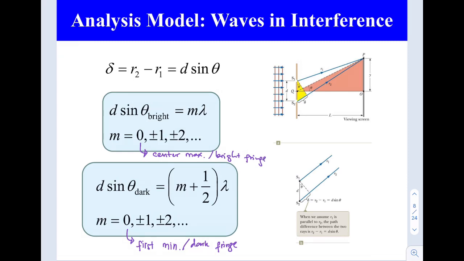So for this one, this is going to be the second order minimum. This is going to be the third order minimum, and so on, because it shifted.